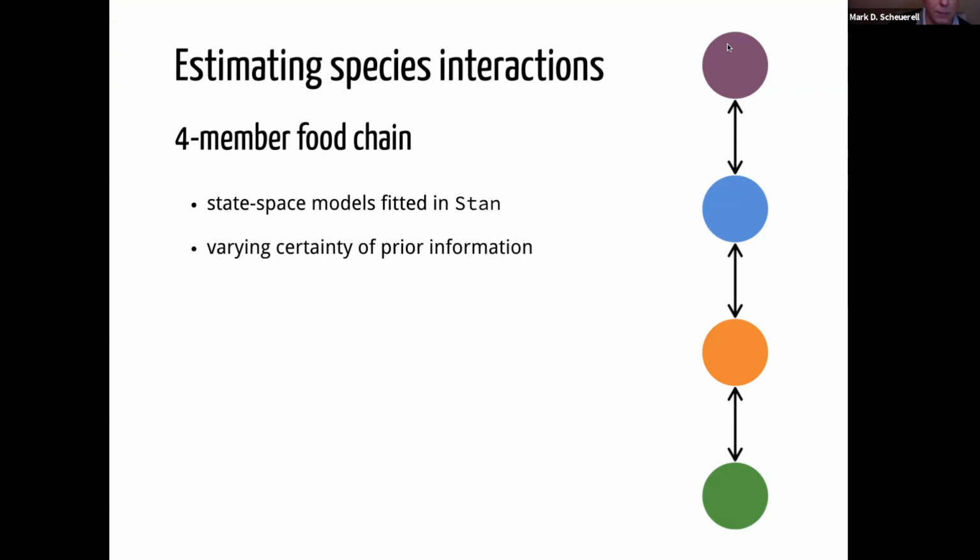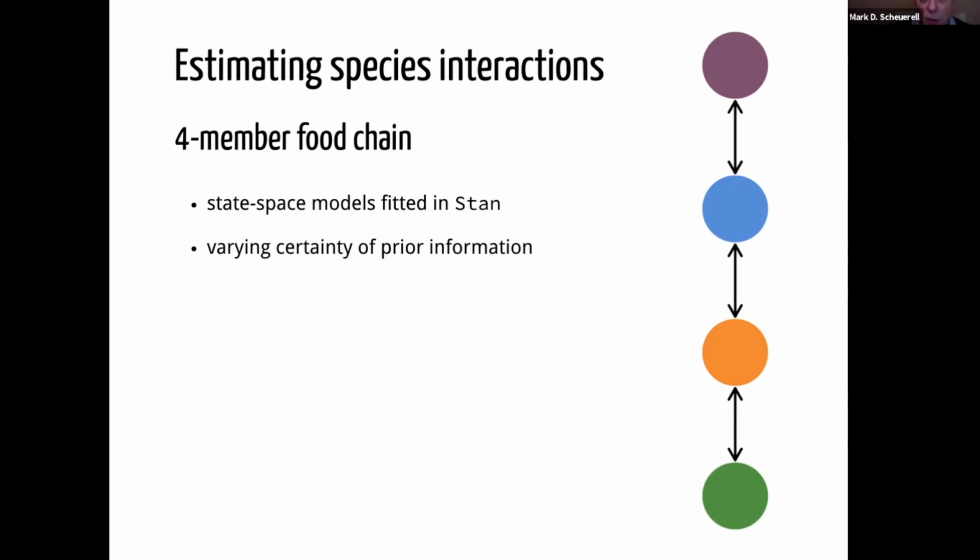We did this in Stan, and then we started messing around with prior information, because if you think about this, the arrows that I've drawn here in this food chain, in a lot of cases people know something about this from experimental studies or that type of work. We don't necessarily operate in a vacuum.